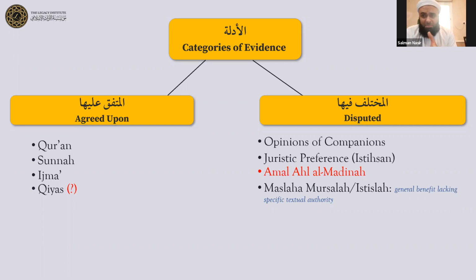If we dig a little bit deeper and look at some of the more detailed discussions, we find that Amal Ahl al-Madinah is not necessarily just a form of Ijma'. It's not simply just the idea of the consensus of the people of Medina. Because many scholars, the way that they dealt with this issue, they said that, well, consensus requires consensus of all of the jurists. Ahl al-Madinah are not all of the jurists. So therefore, their ijma' is not a hujjah.